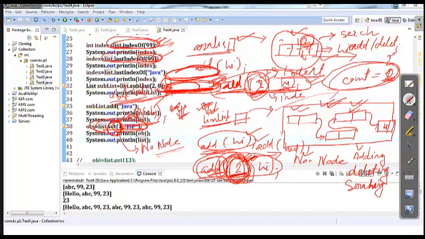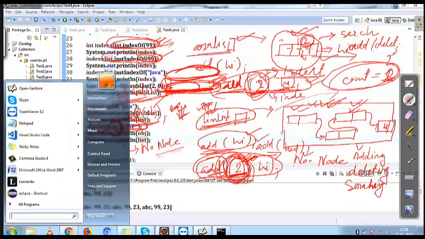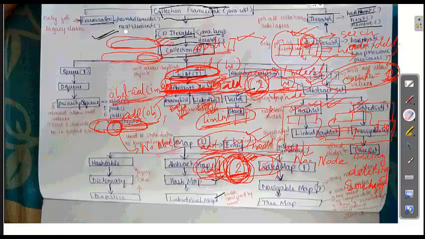Okay. So internal data structure of array list is array, one-dimensional array. Internal data structure of linked list is node. Okay, node. So this is the list interface. This part is done.